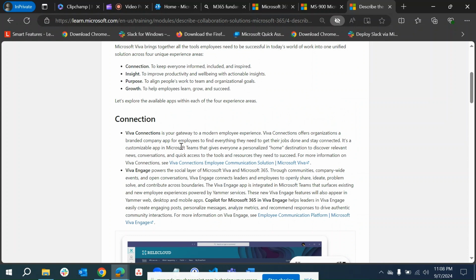Viva Connections is the modern intranet experience definitely for organizations, a branded company application to find everything about the company and network. Viva Engage powers the social layer of Microsoft Viva and 365.